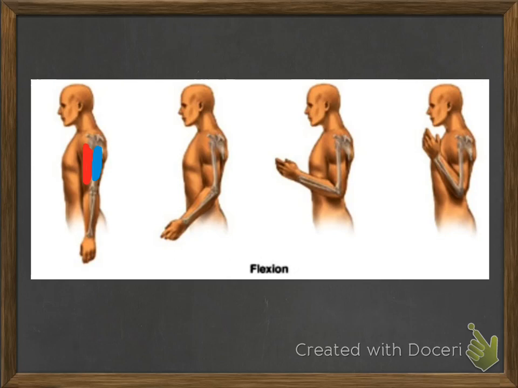So if we're looking at this movement here of elbow flexion, we're looking at the bicep as the agonist and the tricep as the antagonist. So the bicep is contracting, so it's getting smaller, while the tricep is relaxing.